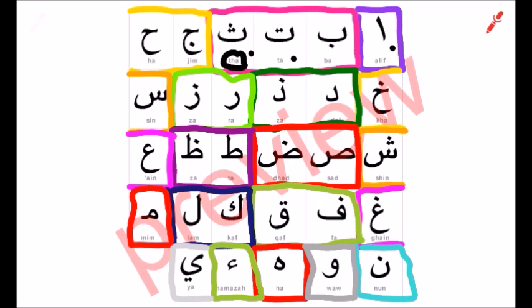Don't forget that. The next letters, the fifth letter I should say, are Jim, Ha, and Kha. I put them in the yellow square. As you can tell, the same thing. They have the same bodies, but it's the placement of the dot that changes the pronunciation of the letters.